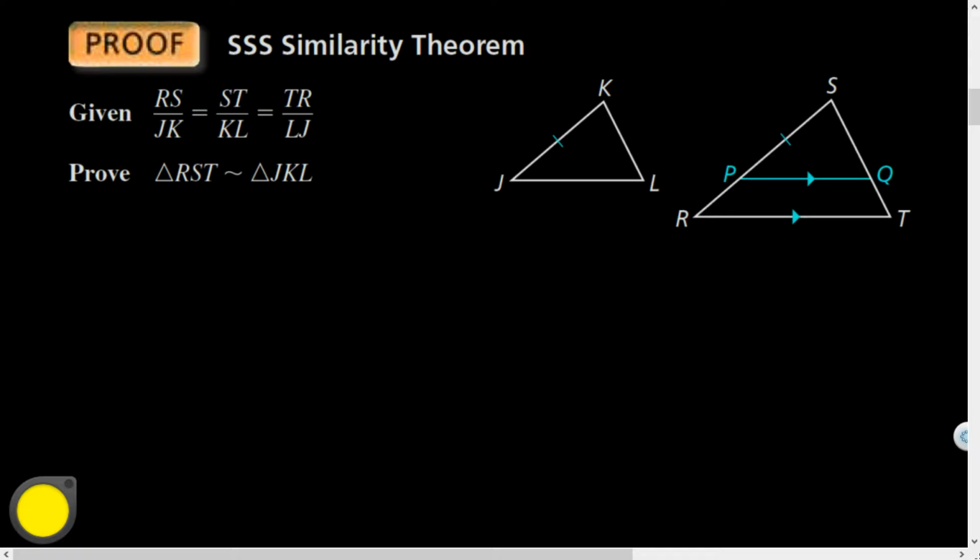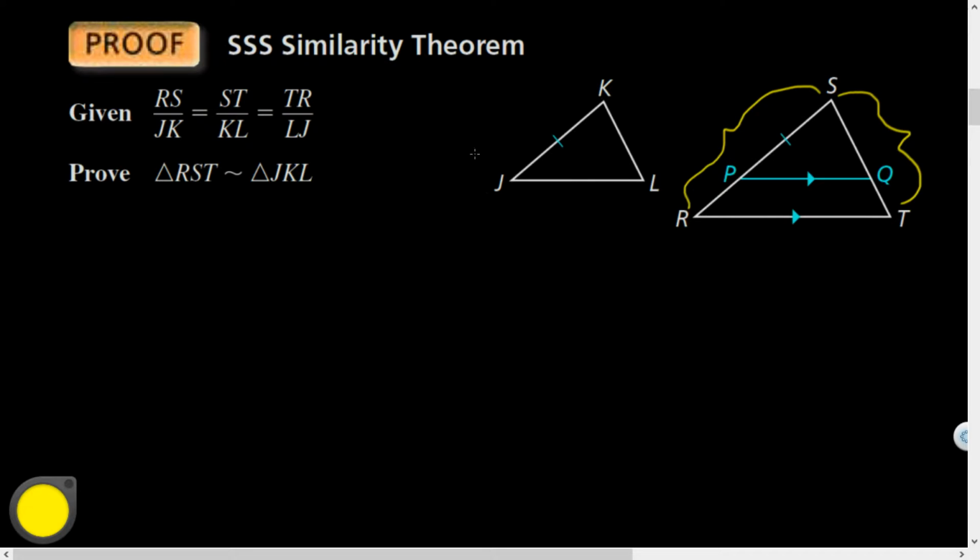It says if these are similar proportions, so RS is to JK, as ST is to KL, and TR is to LJ. All right, given.